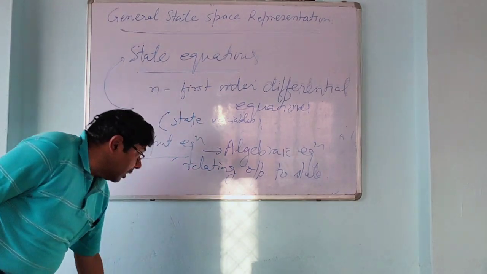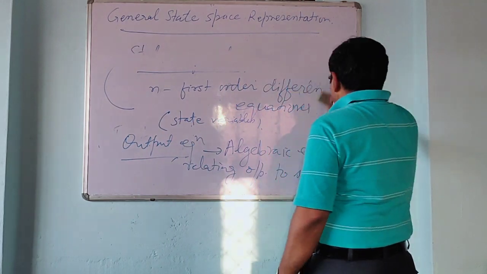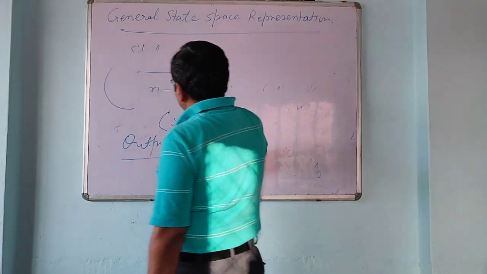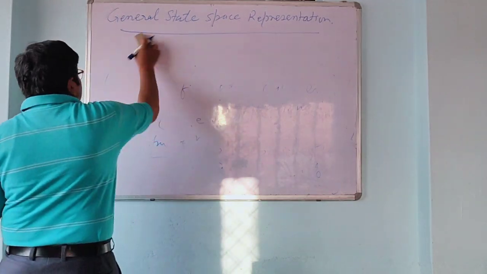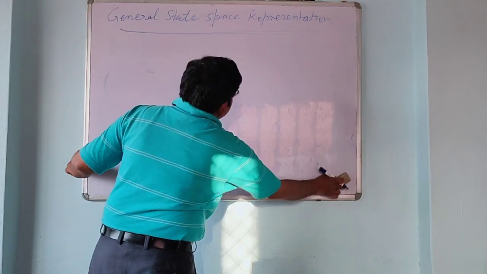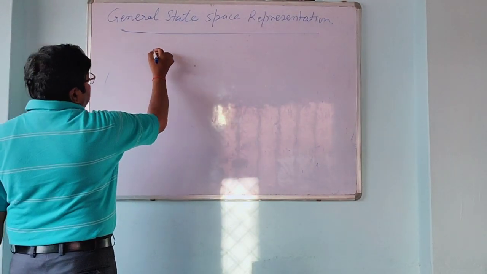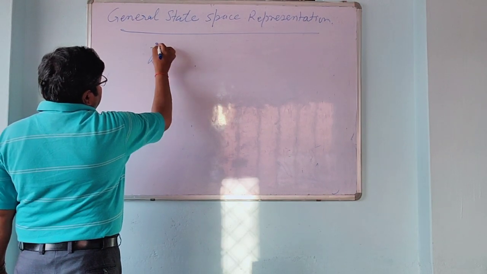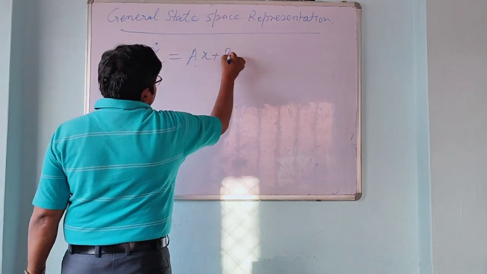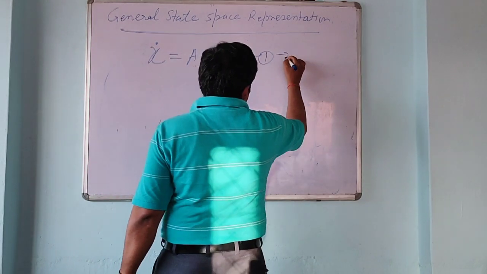Now we will represent in general form of state space. How any system can be represented in a state space. So general state space representation is like this. We have two equations. One is x dot equals ax plus bu. This is called the state equation.